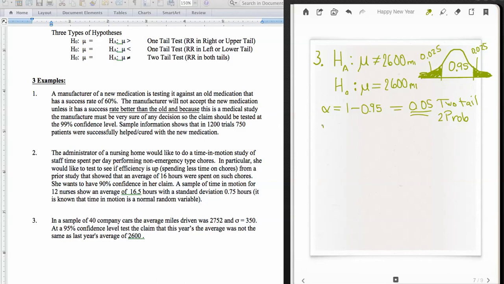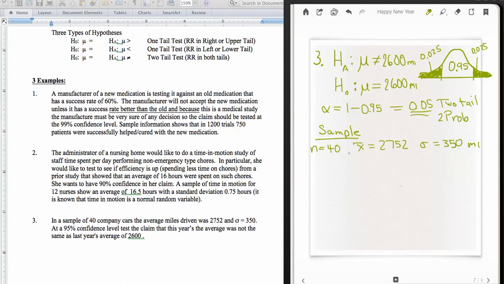So now I need my sample information that's being held up to compare to the claim, and that was the information given first this time. So n was equal to 40, and the x bar was equal to 2752, and the sigma was equal to 350, and these are all in miles.